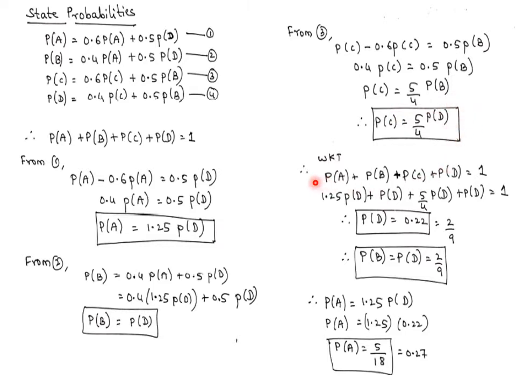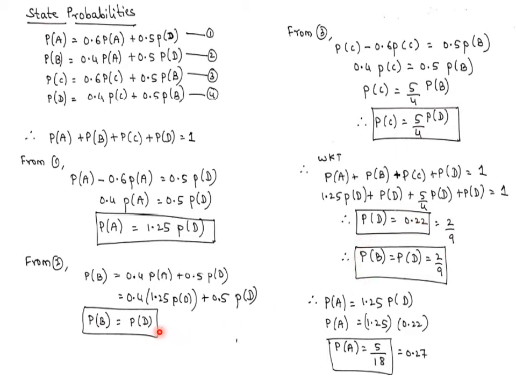So now considering the sum of probabilities is equal to 1, we can write P of A plus P of B plus P of C plus P of D equals 1. Substitute P of A, P of B, P of C, with P of D written as it is, equate it to 1, and on simplifying we obtain P of D as 2 by 9, that is 0.22.